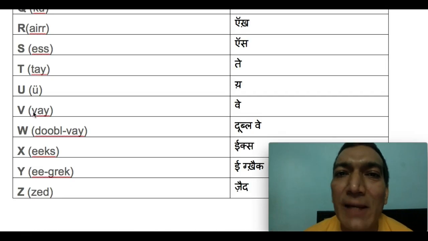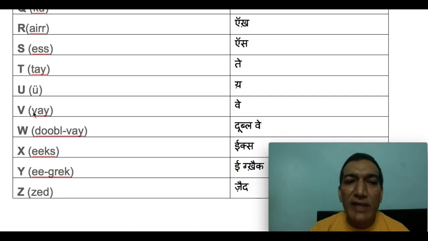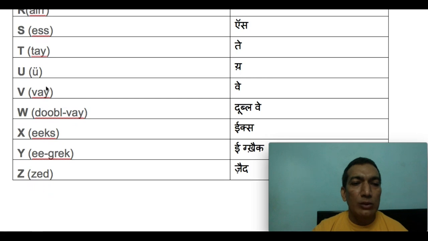But W is pronounced differently. So these are two different sounds, V and W. So you have to remember this. If you find these in a word, the two pronunciations are different.